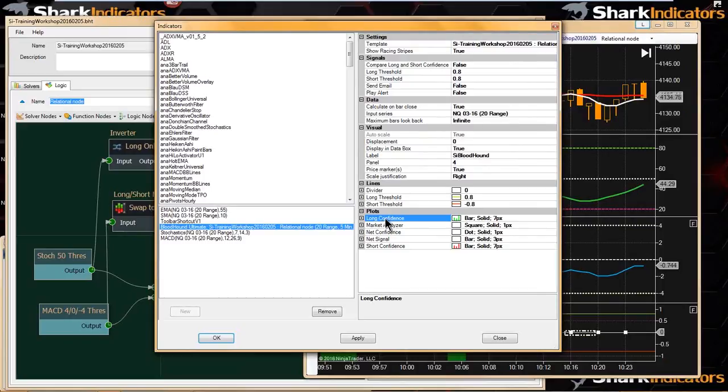Are you 0% confident that your condition's met, or are we 100% confident that the condition is met? So BloodHound doesn't work in negative values. So the short confidence is a confidence from 0 to 100%, which is a positive value.